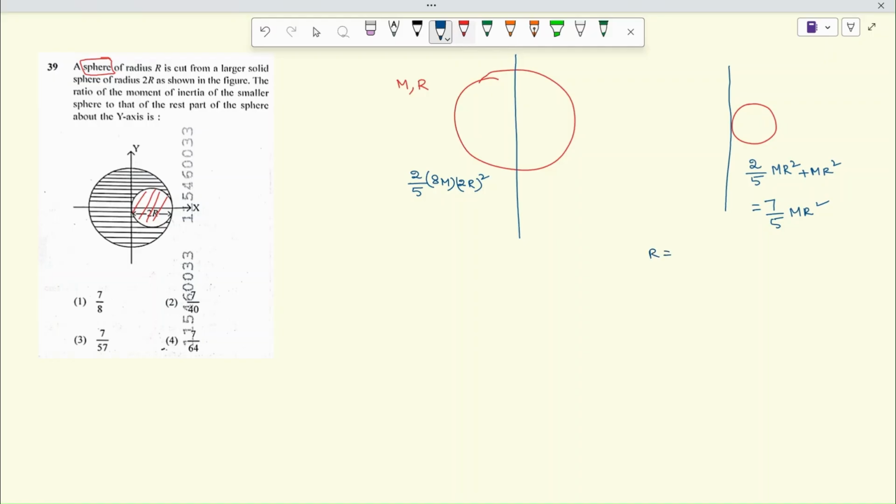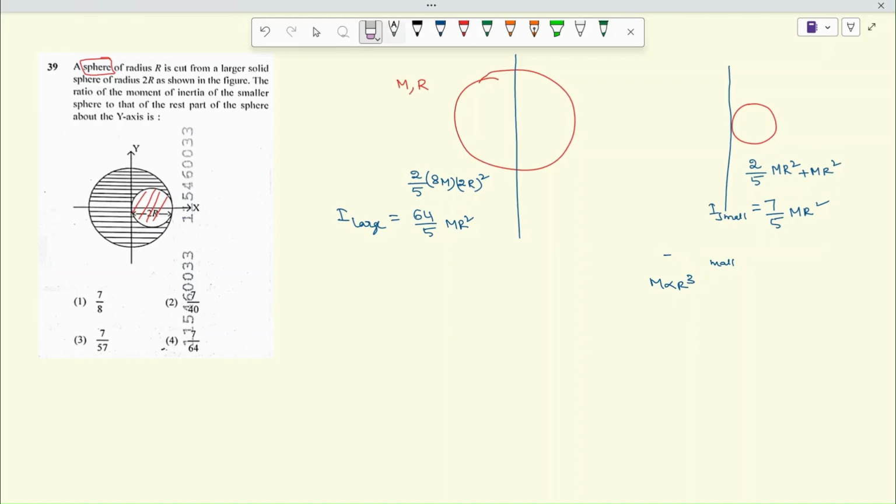Because radius is 2 times that of the smaller sphere and mass is proportional to r cubed, so 8 times. So how much does this become? 2 squared is 4, into 8 is 32, into 2 is 64/5 mr² for the larger sphere. For the smaller sphere it is 7/5 mr².